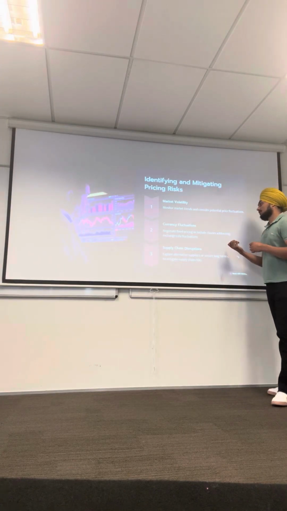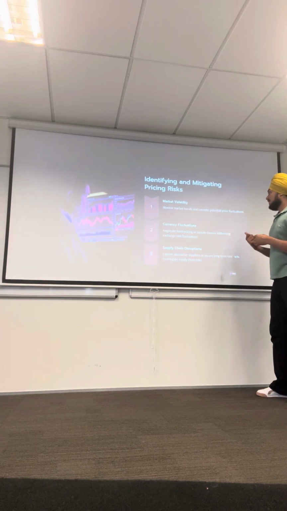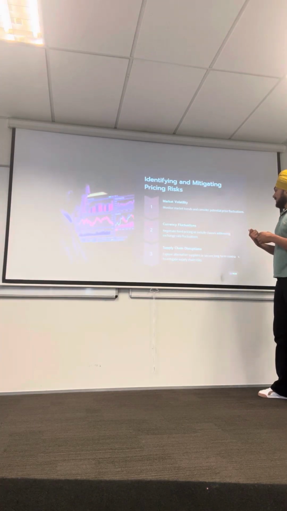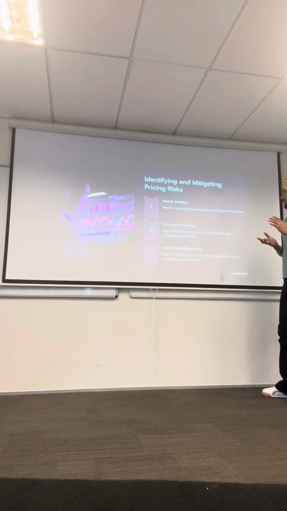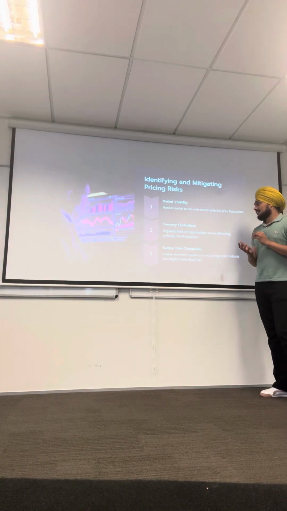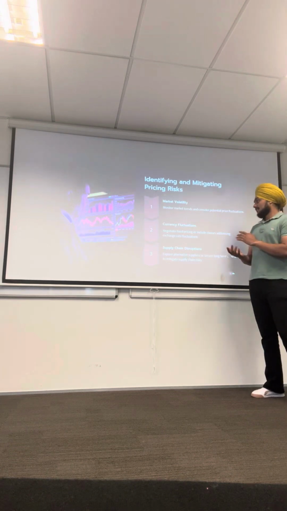The second one is currency fluctuation. Negotiate fixed pricing, include clauses addressing exchange rate fluctuation. It's negotiating the fixed pricing, and it also includes the clauses addressing exchange rate fluctuations. Third part, supply chain disruption.